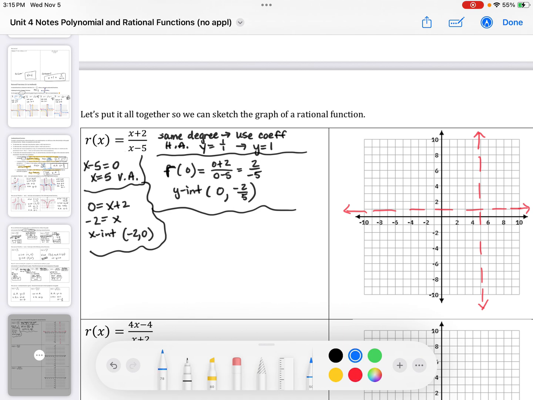Okay, we have got an x-intercept at the x value of -2. And we have a y-intercept at 0, -2/5. So we can see clearly that one of our branches is here.